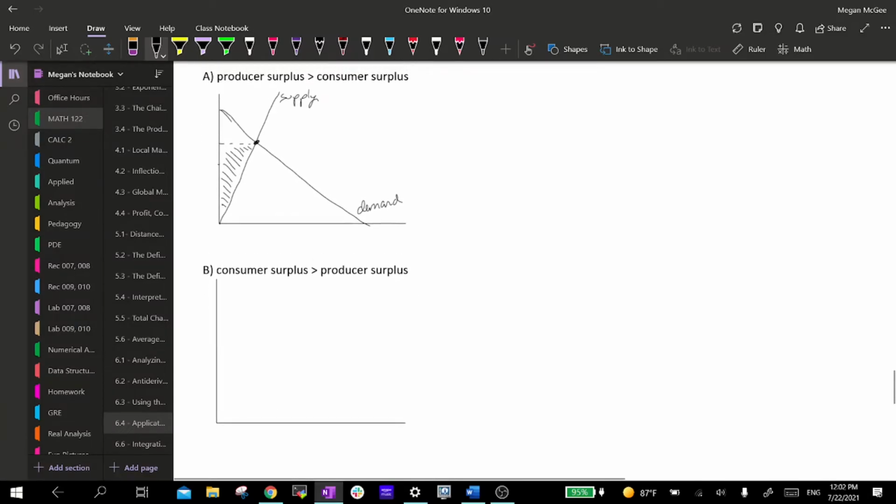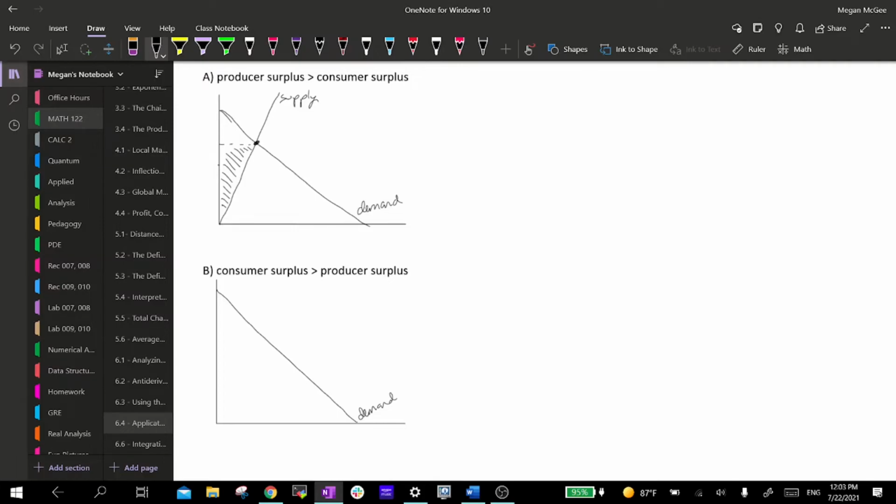Let's think of it in a similar manner for part B, where we have a consumer surplus, which is the area above our equilibrium line, is greater than our producer surplus. So if we draw the same demand line, okay, we need to think of a supply that makes our consumer surplus larger.